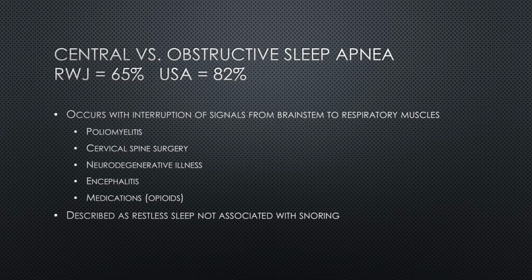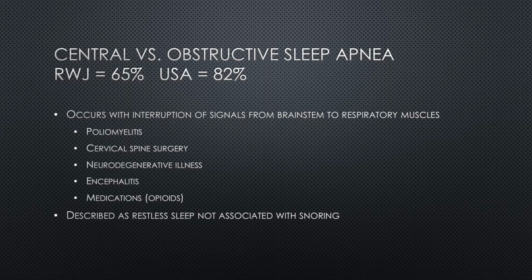Things like polio can cause central sleep apnea, as can cervical spine surgery where there's an injury to the brainstem. Different neurodegenerative illnesses such as Parkinson's disease can have a component of central sleep apnea. Different encephalitis conditions, and of course medications, can blunt the brainstem response to elevated CO2, which causes the drive to breathe.